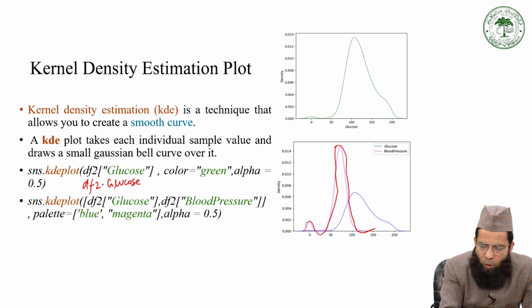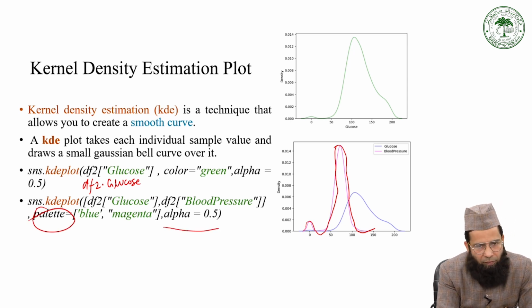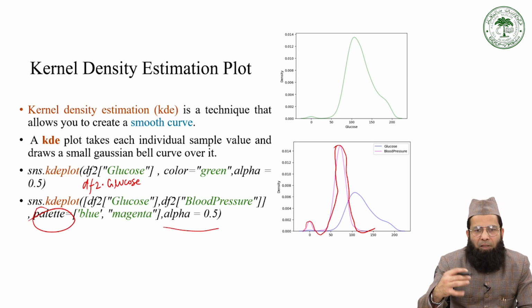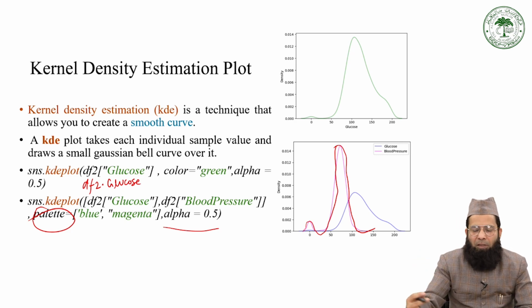And if you are using more than one feature, then you can pass color in the form of a palette, right? And then alpha is 0.5, which means average brightness. You can increase the brightness as well.